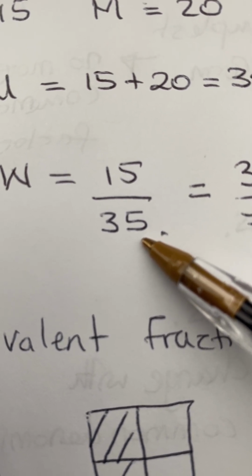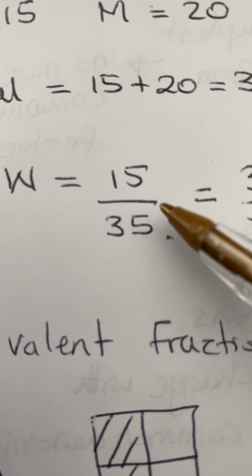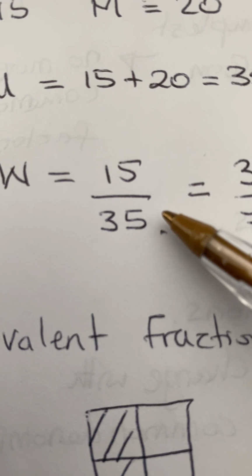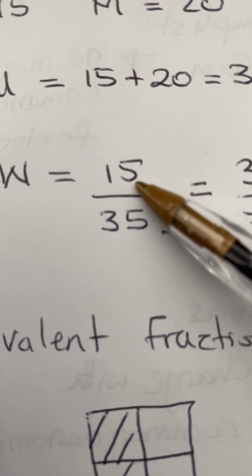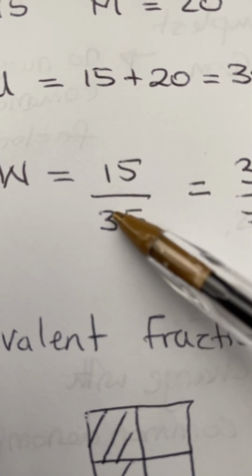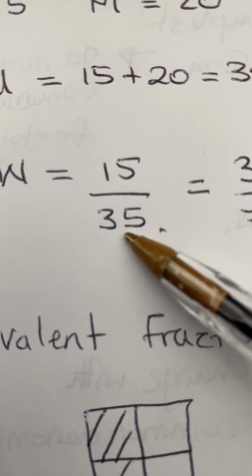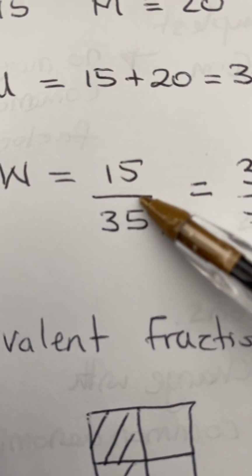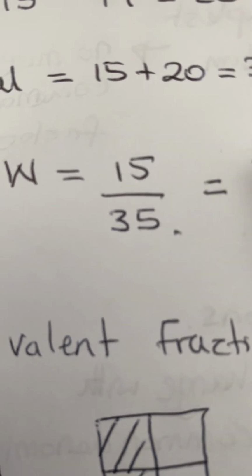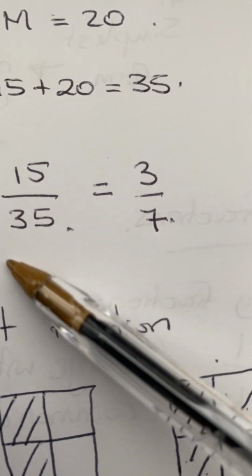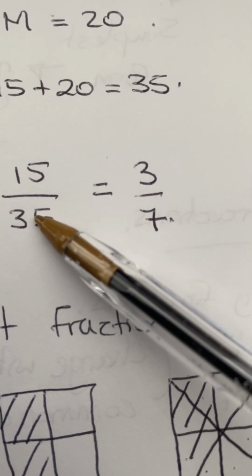This is why we did multiples and factors earlier. So here 5 is a factor of 15 and 35. How many 5s do we have in 15? 3. How many 5s do we have in 35? 7.